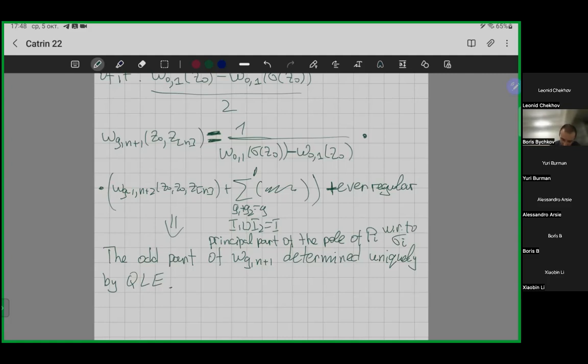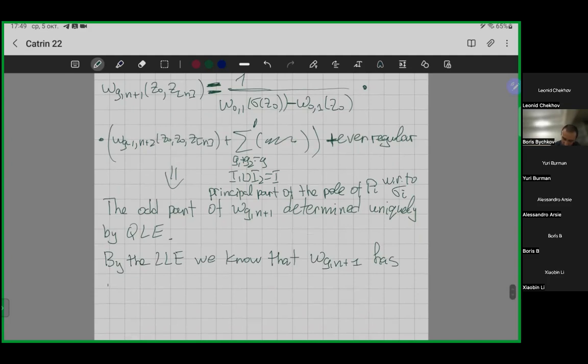And by the linear loop equation, we know that omega G,n plus 1 has only an odd part.